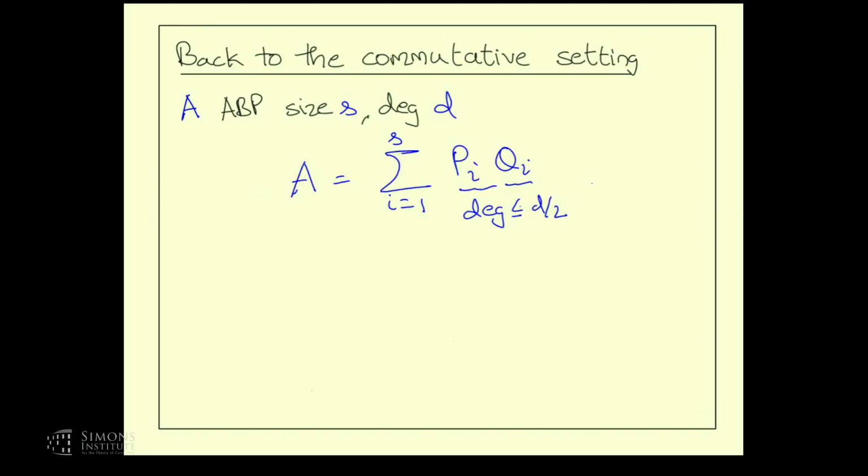In fact, in the non-commutative setting, there is no depth reduction for circuits. There is a depth reduction for ABPs, there's a depth reduction for formulas, but for circuits it breaks down. In fact, the palindrome polynomial here has a non-commutative circuit, but nothing of small depth.